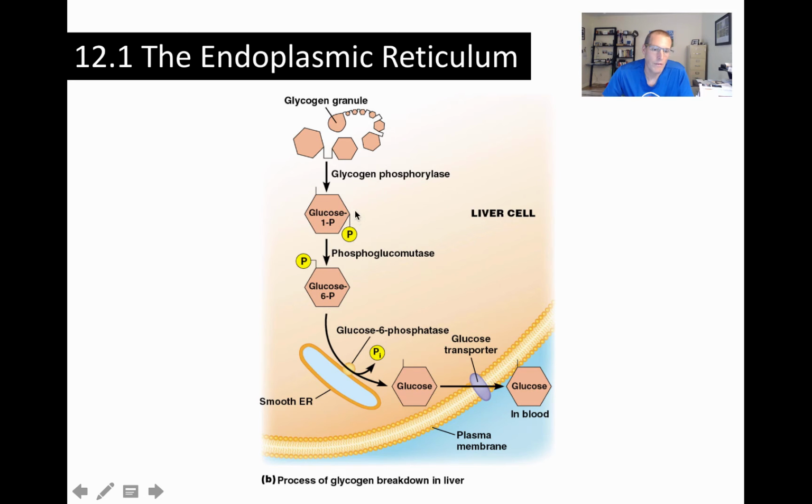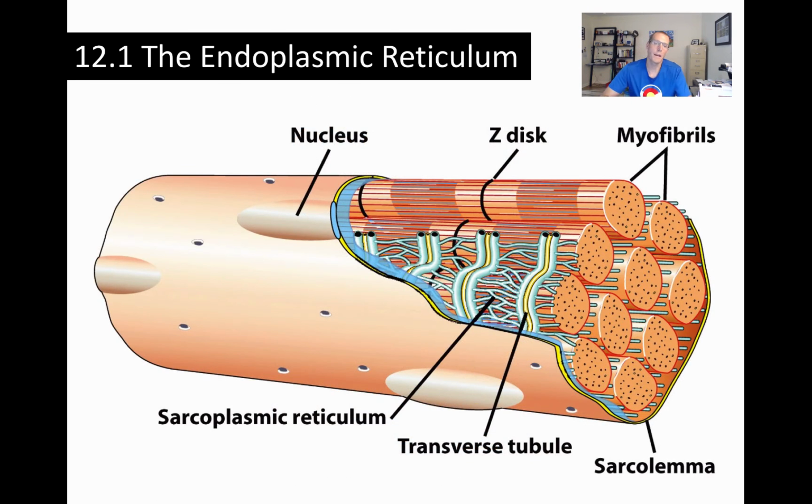Then an enzyme shifts the phosphate from the 1 carbon to the 6 carbon position on glucose, and then this enzyme on the surface of the smooth ER, glucose 6-phosphatase, can remove that phosphate from the 6 position. The glucose can then be exported out of the cell and into the blood, thereby increasing blood glucose concentrations, and cells that need that glucose can take it up using other mechanisms.